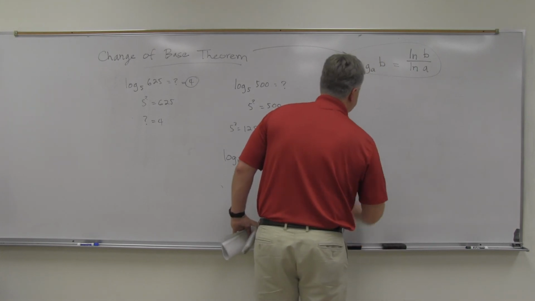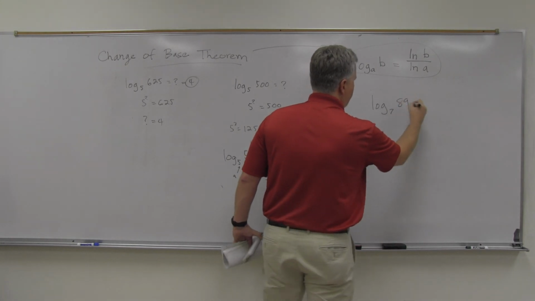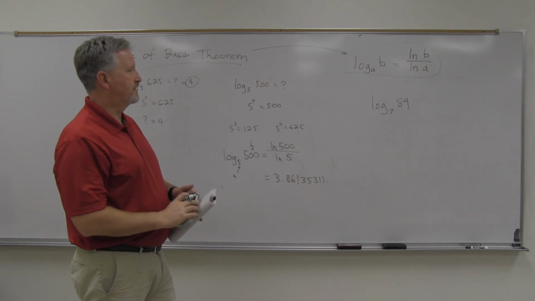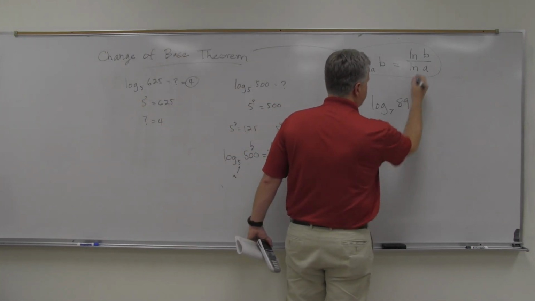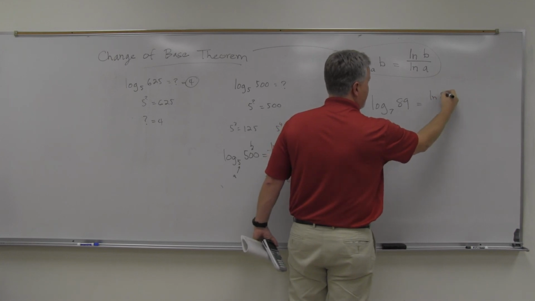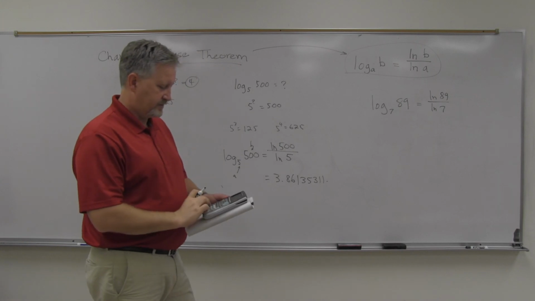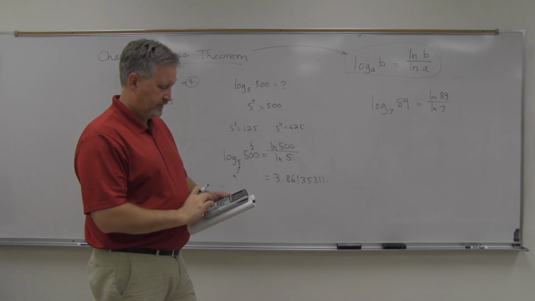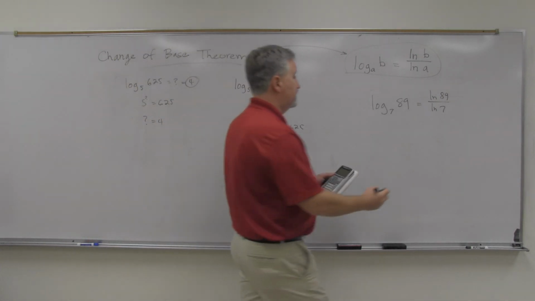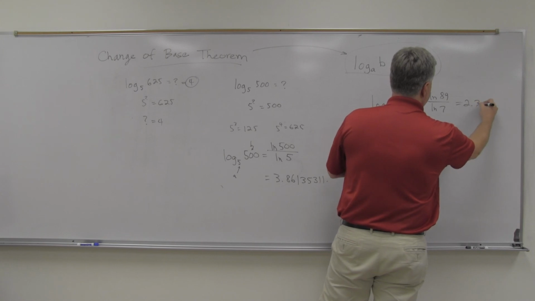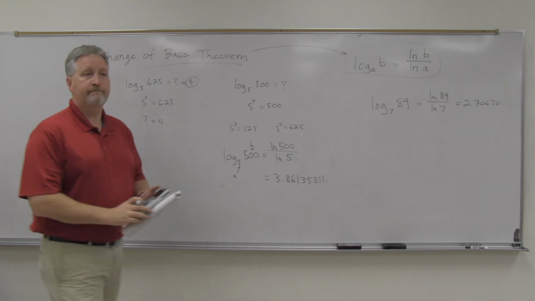So if I've got log base 7 of 89, obviously one wouldn't be able to get that by hand. So you just do the change of base, ln of 89 divided by ln of 7. That gives me a way to figure those out. It's .30670, and how many other places we want there. Okay? This is all right.